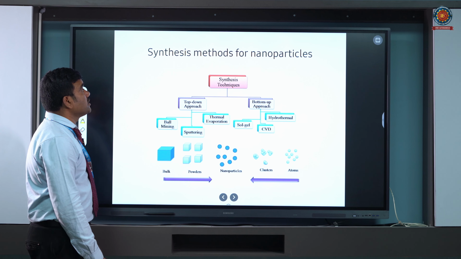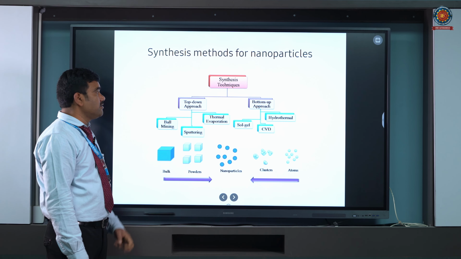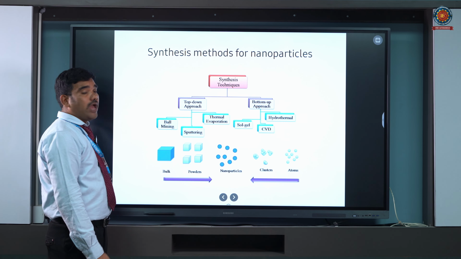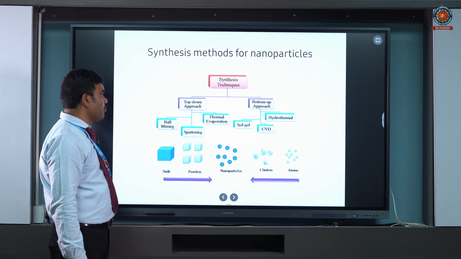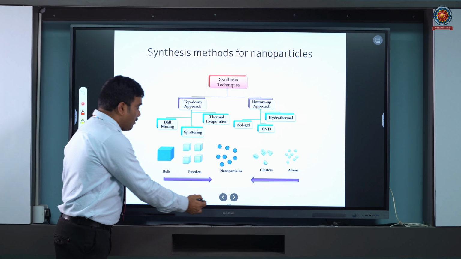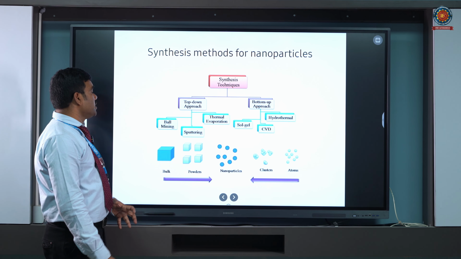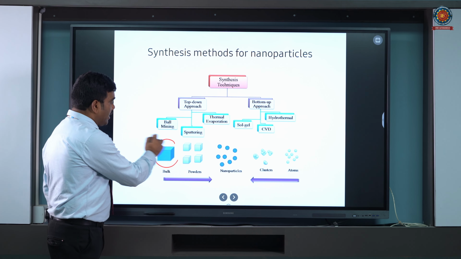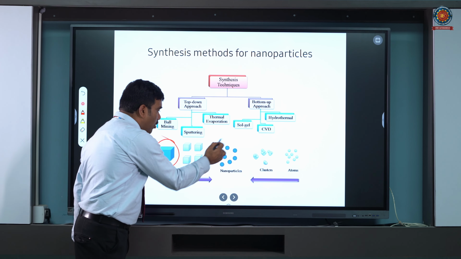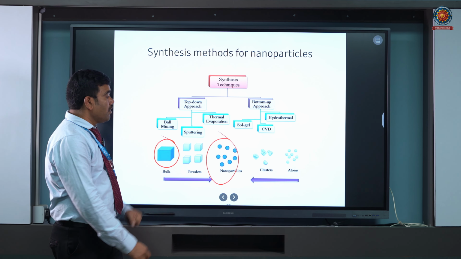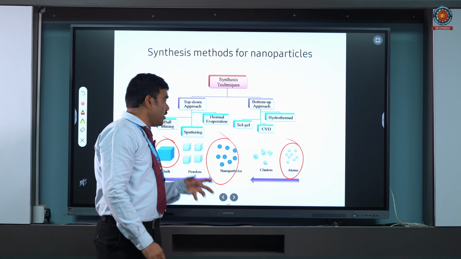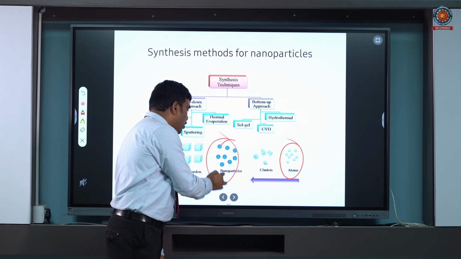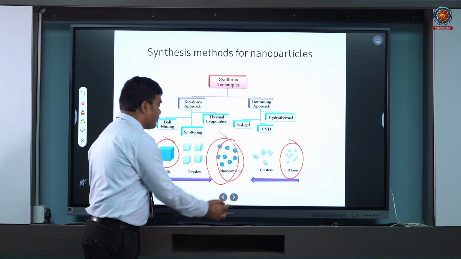Another topic is synthesis methods for nanoparticles. We have two types of synthesis: top-down approaches and bottom-up approaches. In top-down approaches, bulk material is converted into nanoparticles. In bottom-up approaches, atoms and molecules are assembled into nanoparticles.